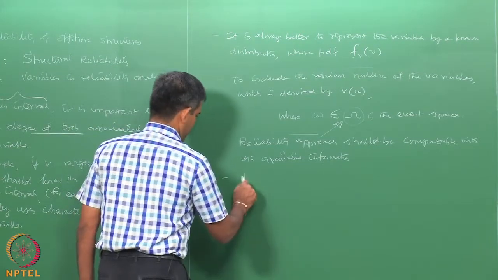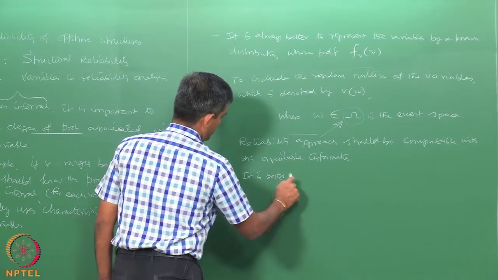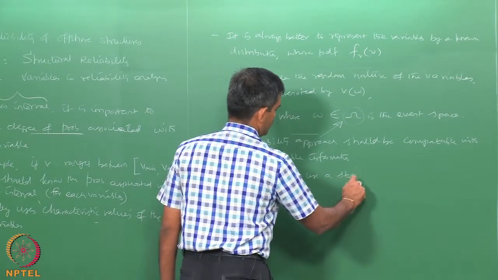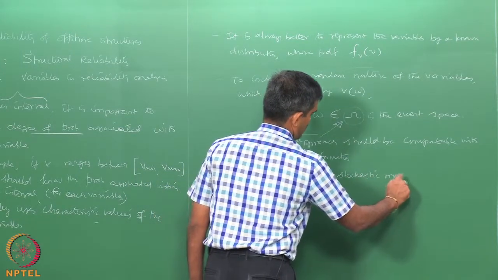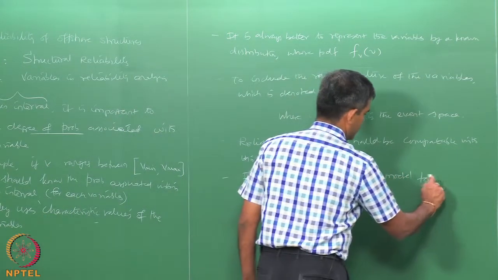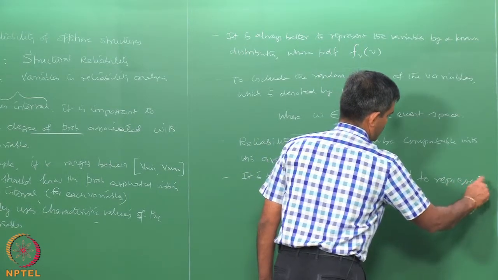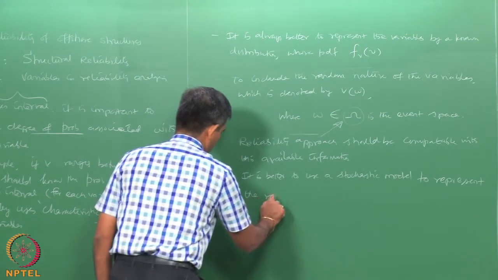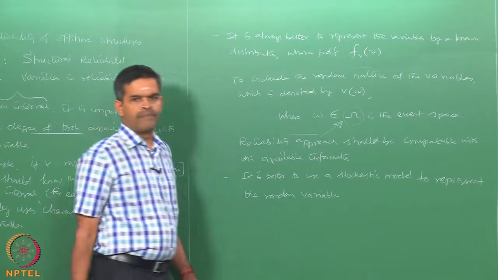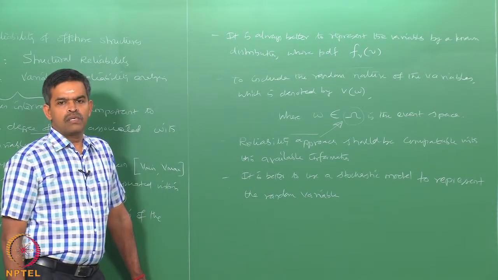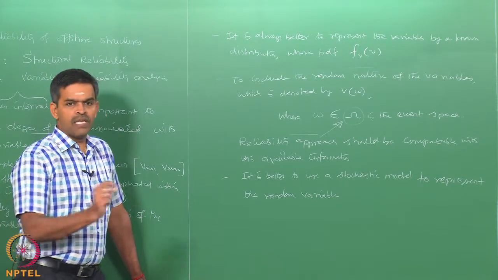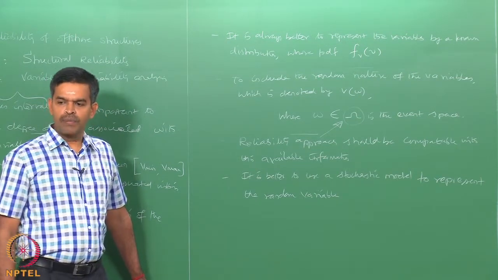It is better to use a stochastic model to represent the random variable, because it will be able to include the representative variability with an appropriate probability density function.